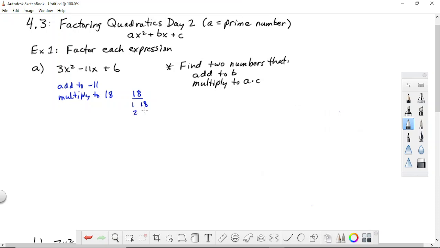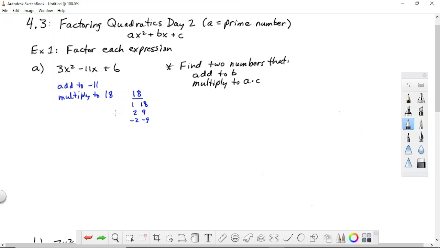But of course, that adds to 11, but we need to add to negative 11. So we recognize it's going to be two negative numbers, right? Negative times a negative is a positive. So negative 2 and negative 9 multiply to make positive 18, sure enough. But when you add them together, you get negative 11.